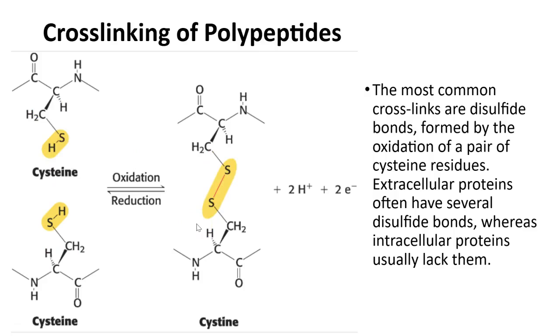So the most common cross links are disulfide bonds formed by oxidation of a pair of cysteine residues. Extracellular proteins often have several disulfide bonds, whereas intracellular proteins usually lack them. And that concludes the lecture on peptides.